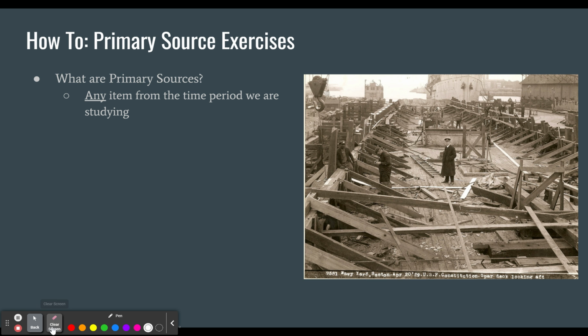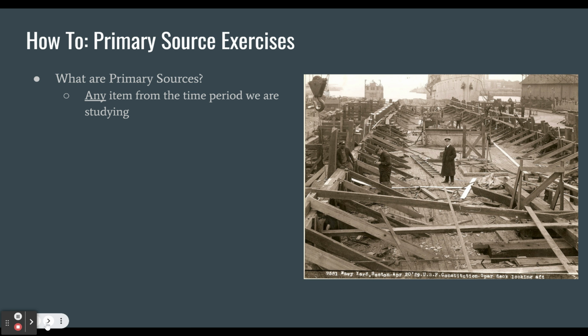But this is clearly under construction, and it's something from 1929. And this photograph would be a perfect example of a primary source, right?